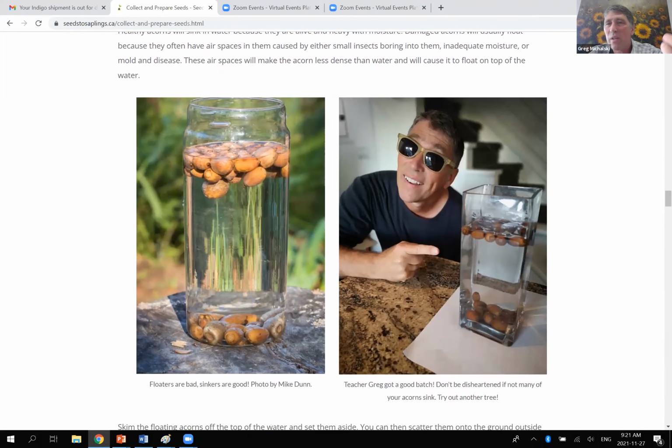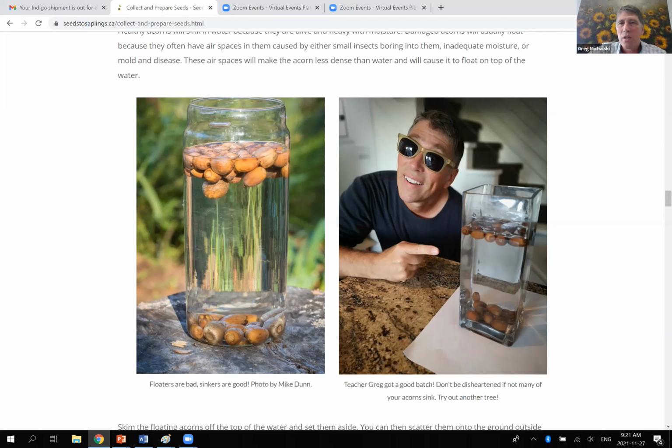Anyhow, then they do a simple float test on the acorns. The ones that tend to be healthy sink to the bottom. The ones that have been compromised, either by insects getting in there, or not as much moisture, or fungus, tend to float. They skim those off the top, recycle those out in the environment, and keep the ones that have sunk.